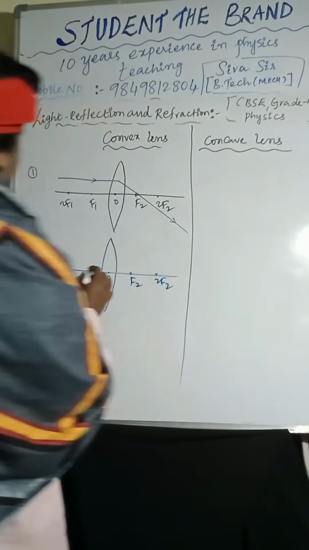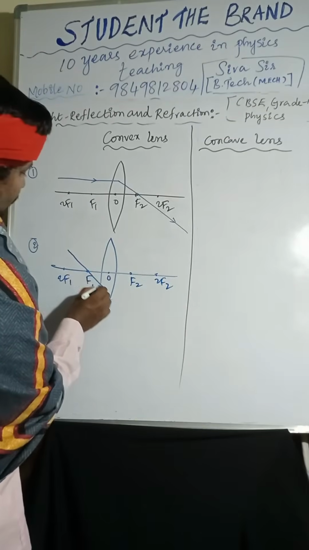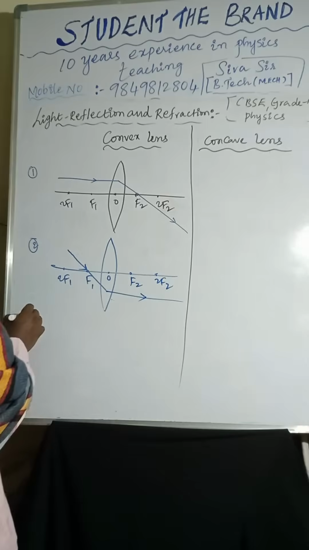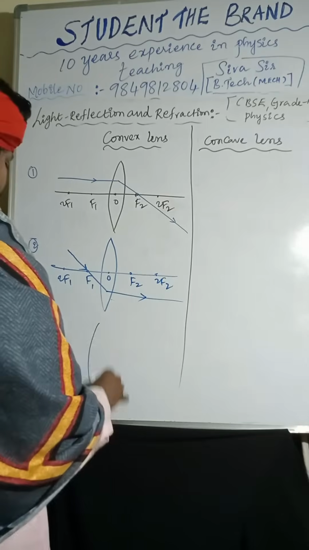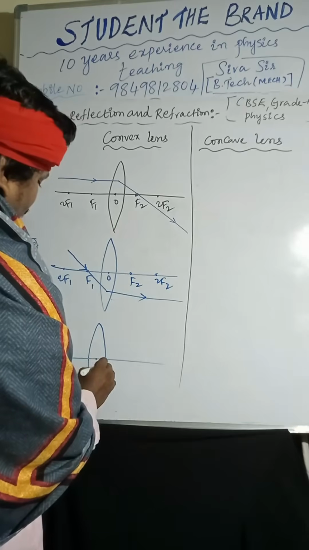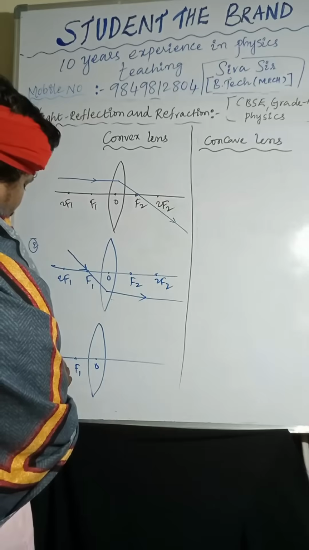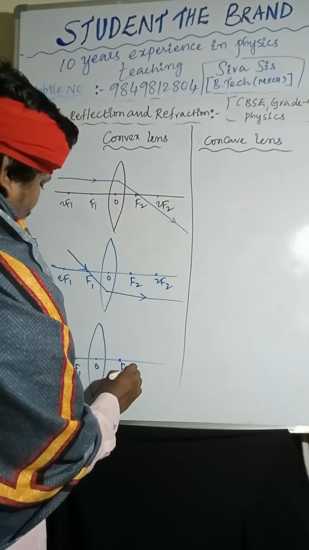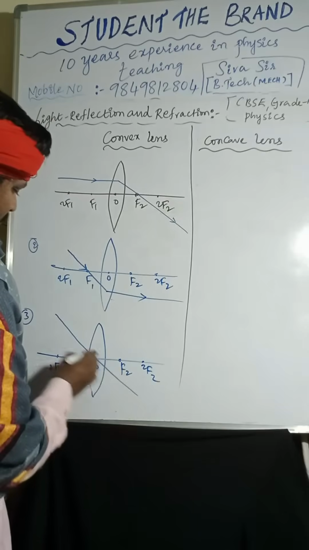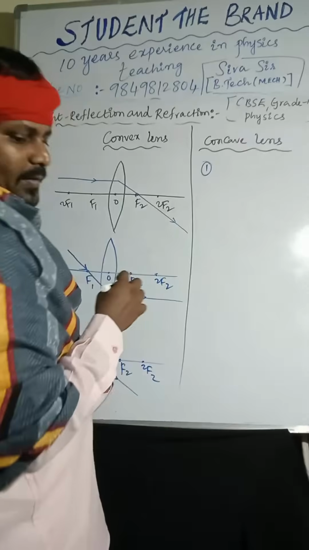Light ray is passing through focus. Third one. Coming to concave lens.